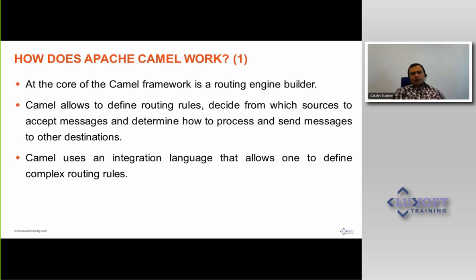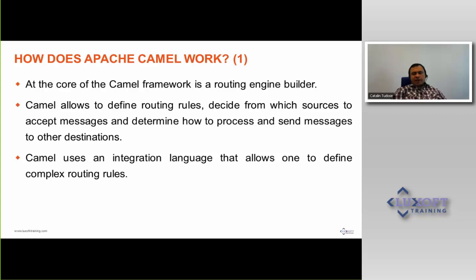And at the core of the Camel framework, there is a routing engine builder. You have some data that you acquire from a source, as I was saying, and you are trying to route this data and to process it in order to arrive at some destination.